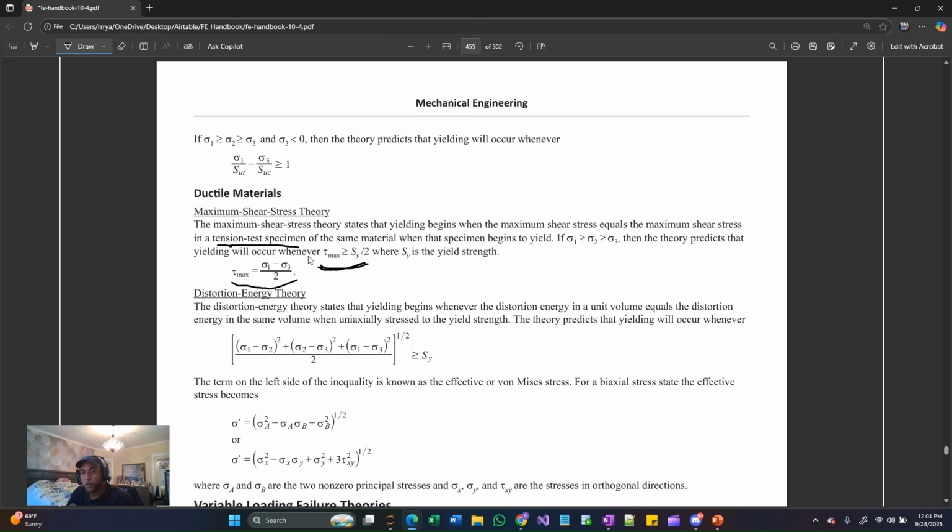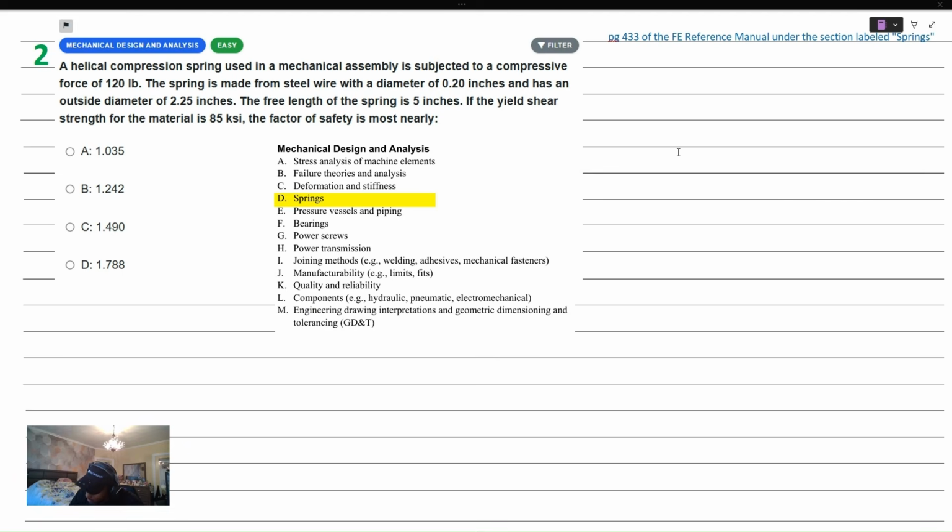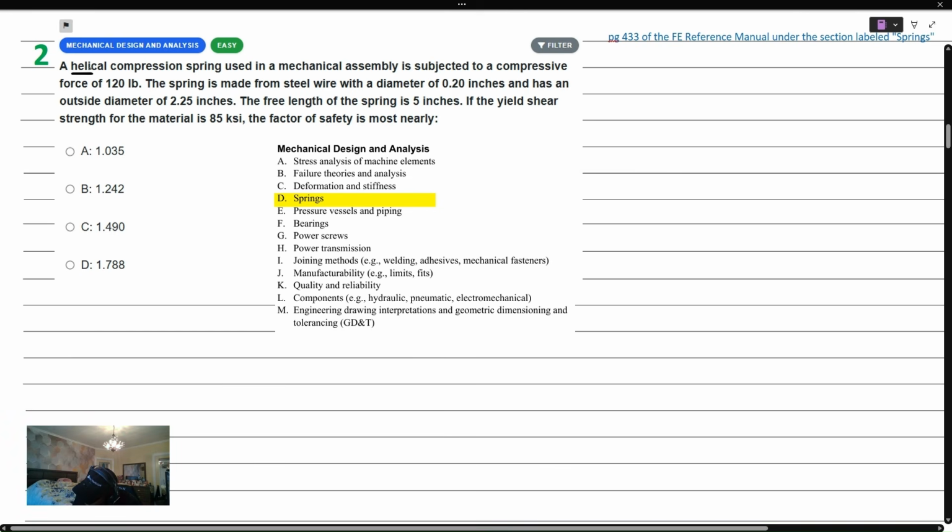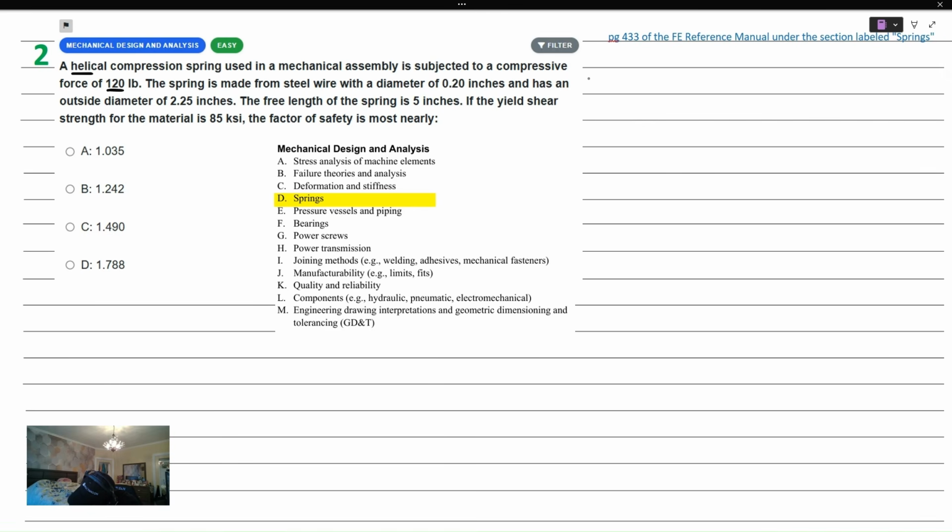Okay, let's go ahead and move on to the next problem. In this problem here, we have a helical compression spring. It's used in a mechanical assembly and is subject to a compressive force of 120 pounds. So F is 120 pounds here. The spring is made from steel wire with a diameter of 0.2 inches. Let's call that lowercase d equal to 0.2 inches, and it has an outside diameter.